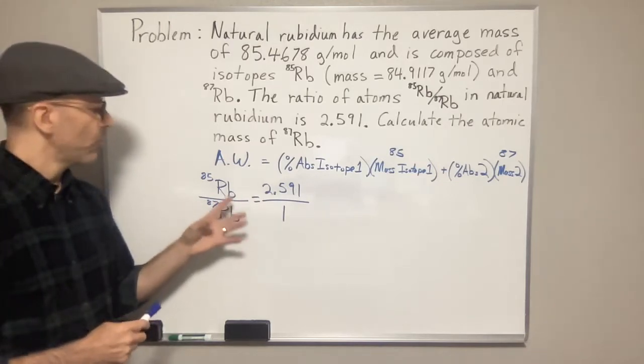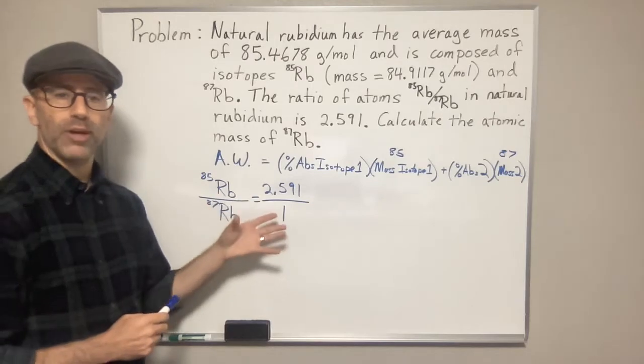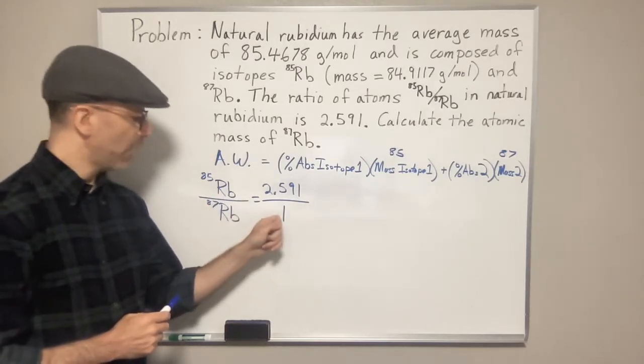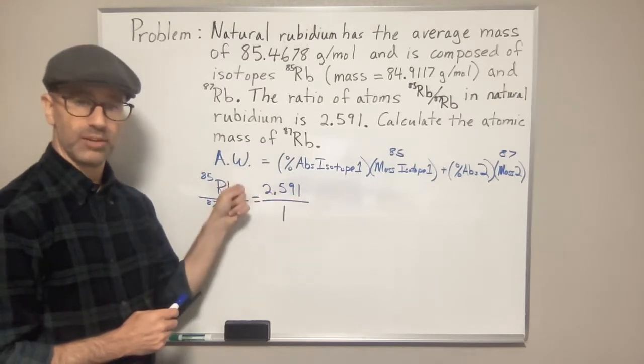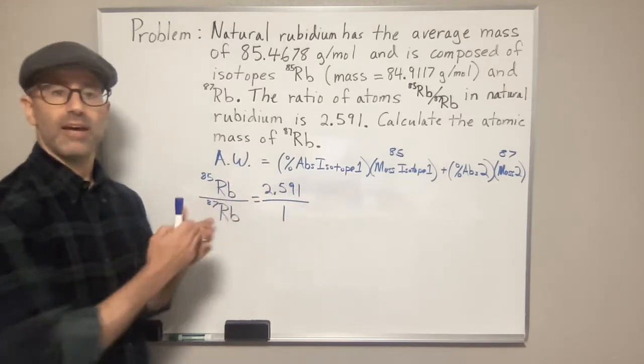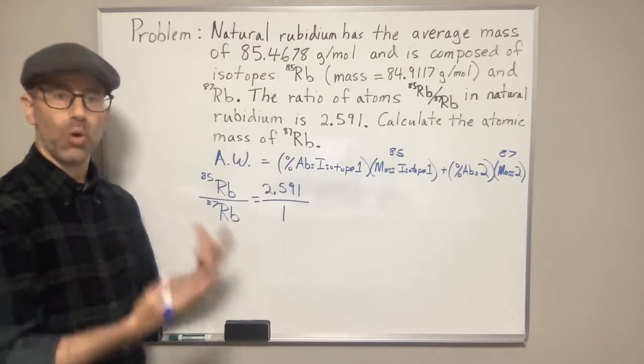So if this is our ratio, for every one of these I have 2.591 of these, then if I add that together, I get a total.